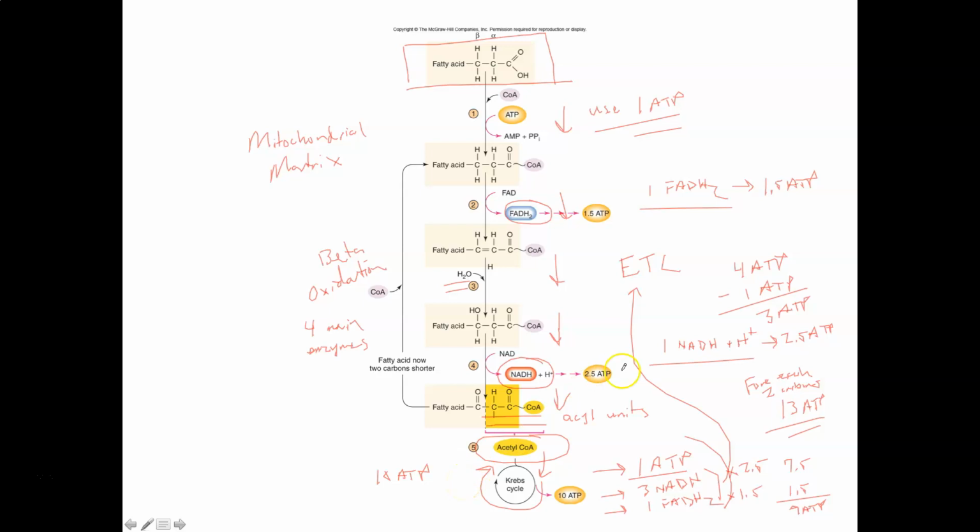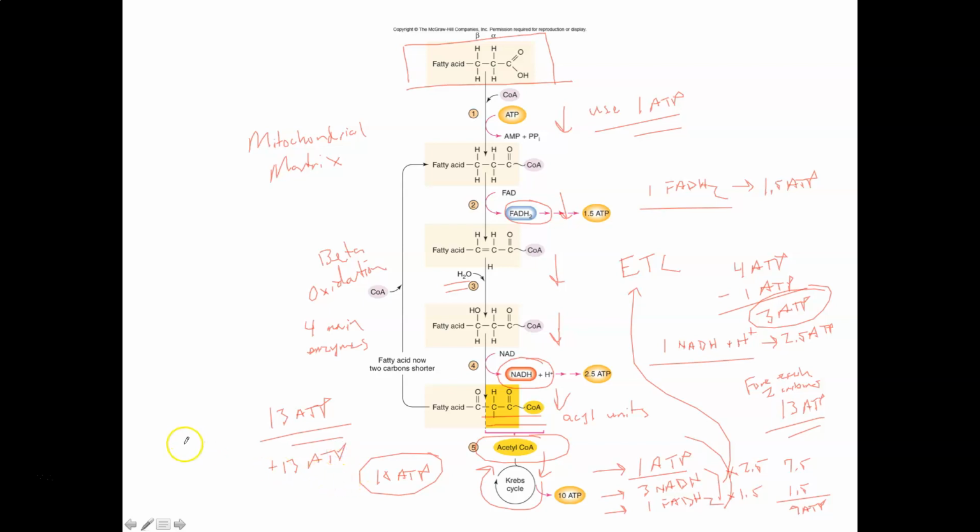So we had 3 ATP that we net from beta oxidation. We have 10 ATP that we get from the products of the Krebs cycle. And so 10 plus 3 is our 13 ATP. So for every 2 carbons, we see 13 ATPs that are produced. So if we were to chop off another 2-carbon acyl unit, that's another plus 13 ATPs.